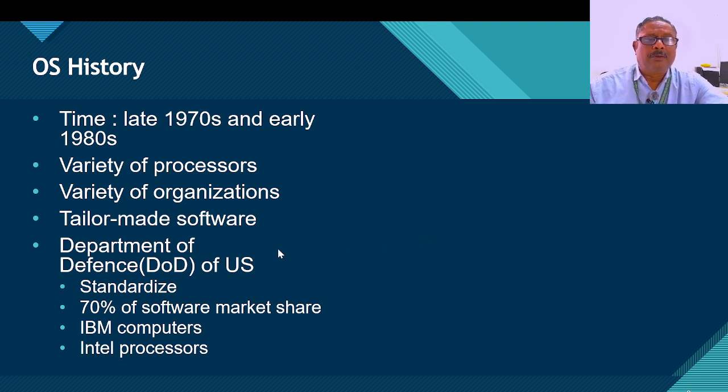So the whole scenario in the early 70s: there were many processors, many organizations of these systems, and for each of these, any software required was built by the user as tailor-made software.